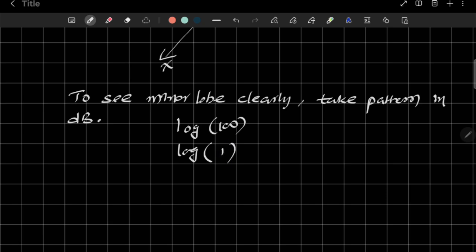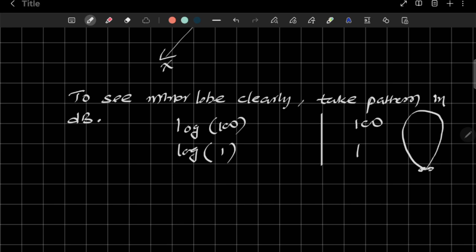Without dBs, that means without application of the logarithm, the values of the intensities are 100 and 1. To represent this 100, if I take this lobe, to represent this 1, very negligible thing I have to take. A loop is there. This is 1.